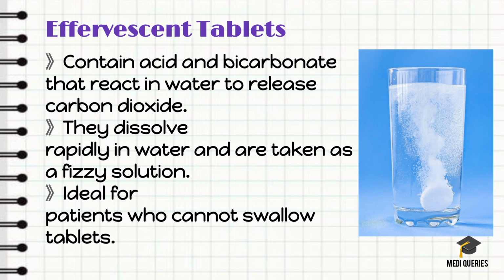This produces a fizzing action that helps dissolve the tablet quickly in water. They allow for rapid absorption, pleasant taste and easy swallowing. Effervescent tablets are popular for electrolytes, pain relievers and cold medications. However, they must be stored in moisture-proof packing to prevent premature reactions.